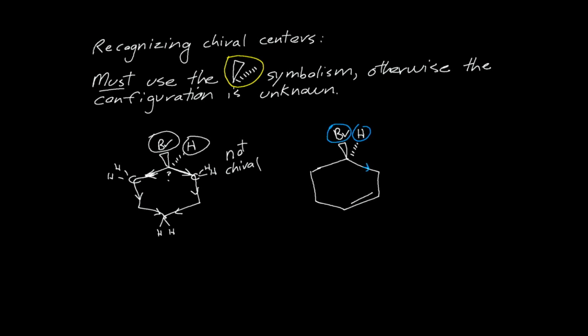Now what we see here is that we have a CH2 and a CH2, so they're not different, but you can't stop there. You have to keep going until you find a point of difference, or until you don't find a point of difference. So keep going out to see if there is a point of difference.